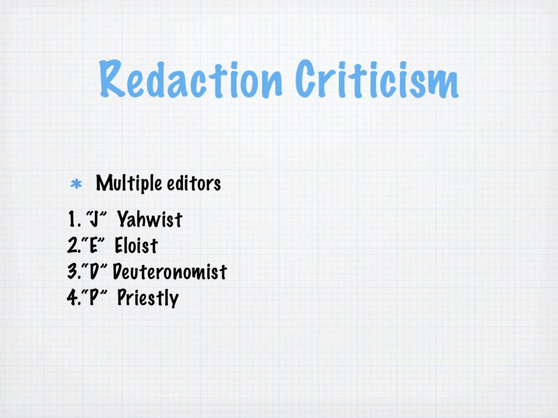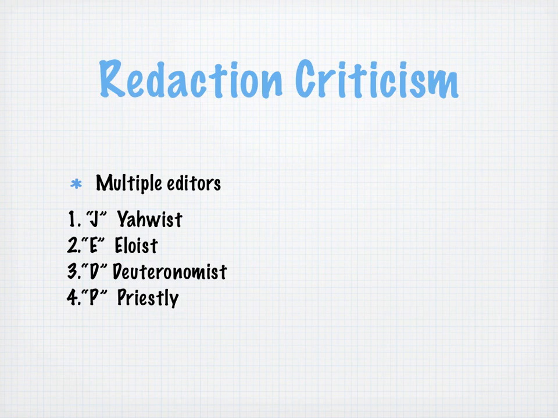The E, or Elohist source, uses the name El for God, as in El Shaddai, Elohim. And for him, God is all holy and is in the heavens. And he only communicates with humans through dreams and through angels.